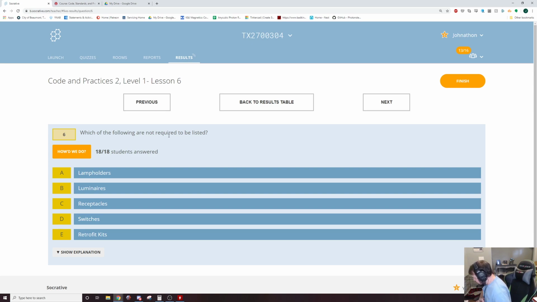And this should be listing required. Well, it says in 410.6, listing required, all luminaires, lamp holders, and retrofit kits shall be listed. So my initial assumption was wrong.